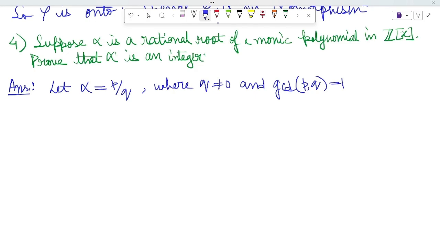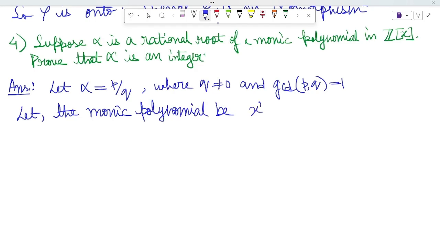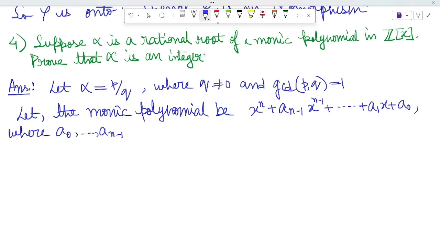I need to show that, okay, let the monic polynomial be, monic means the leading coefficient is 1, with constant term a 0. Fine. Then put p by q here.